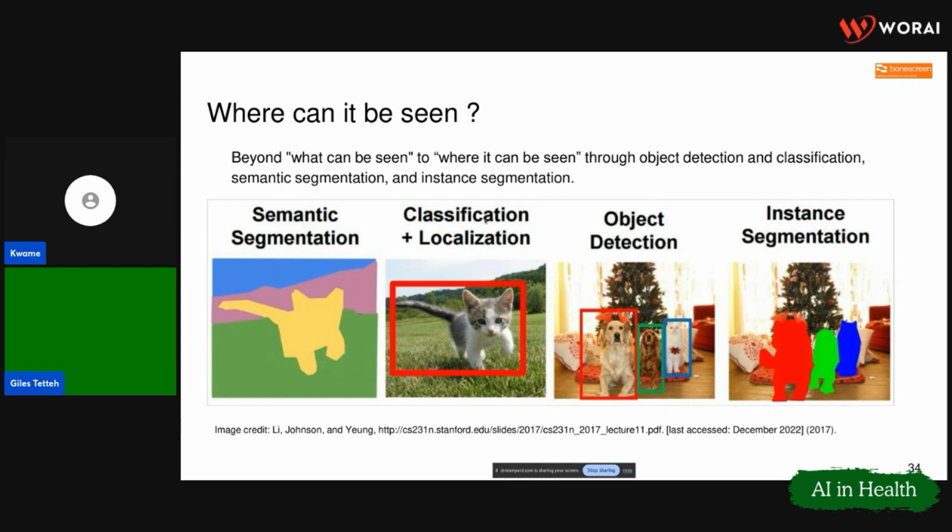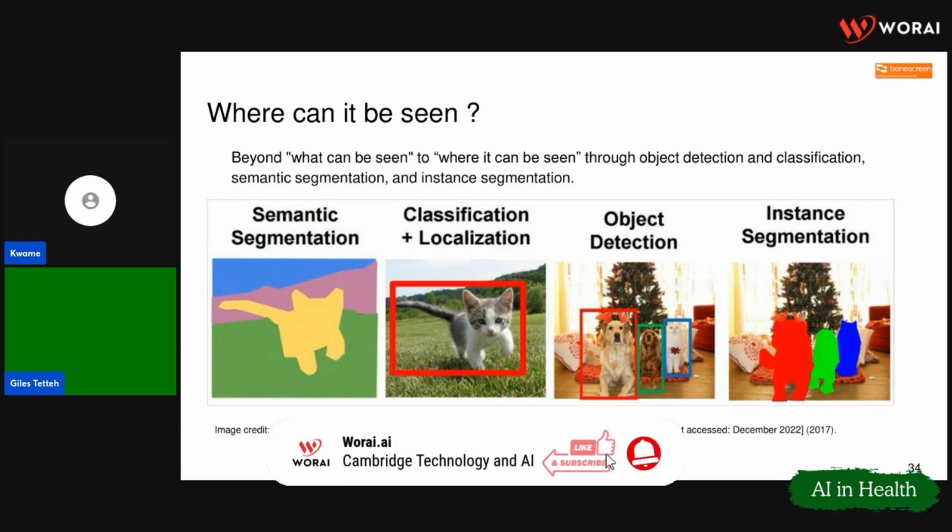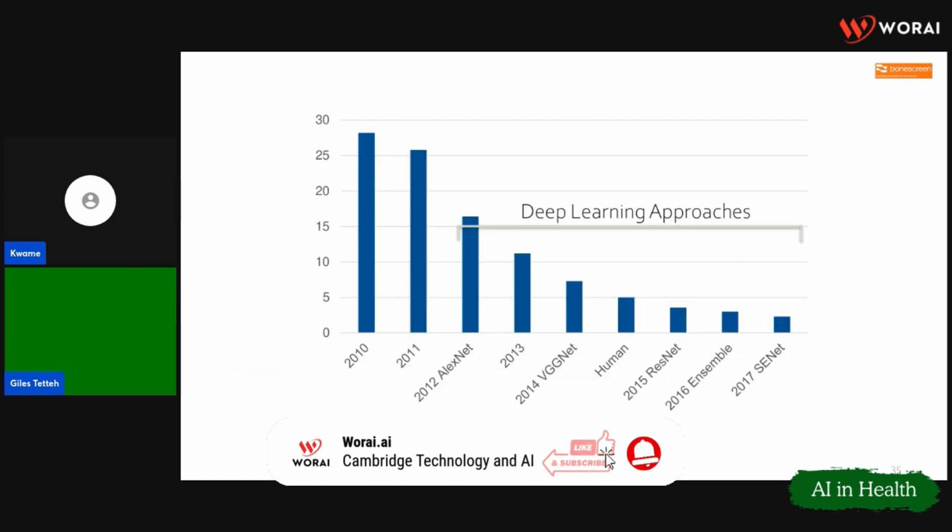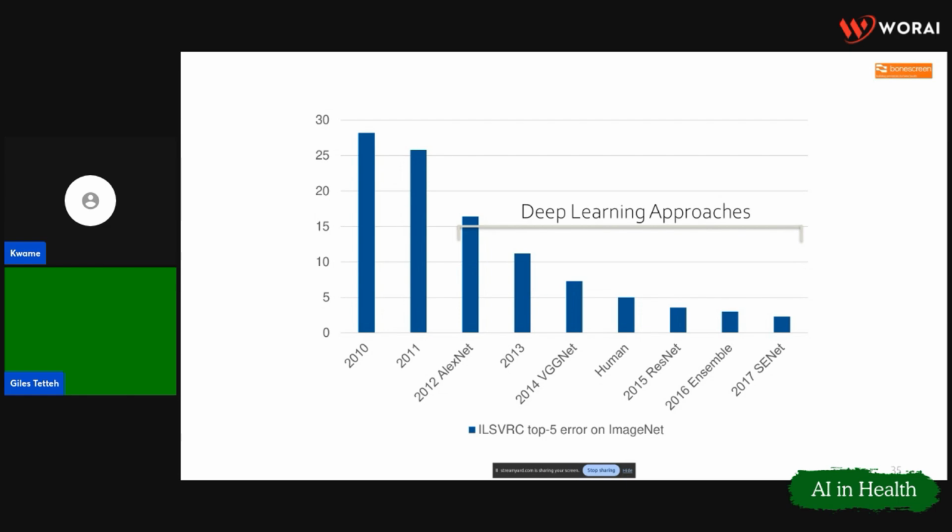Then we also have what we call localization and classification, where we now put a box around the object, similar to object detection. So we detect dog here, cat, and then we try to segment these instances. So success in one field, we try more and more challenging tasks. And in all of this, we had a lot of successes.